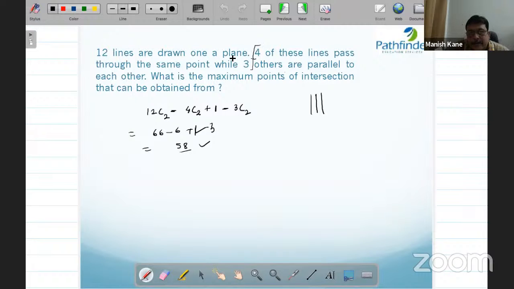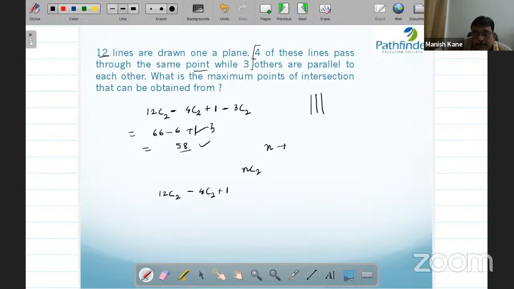So 12 lines are drawn on a plane. 4 of these lines pass through the same point. If there are n lines, the maximum number of points of intersection is NC2. There were 12 lines, so the maximum points of intersection will be 12C2. But 4 of these lines pass through the same point. So obviously these 4C2 points of intersection were not made.